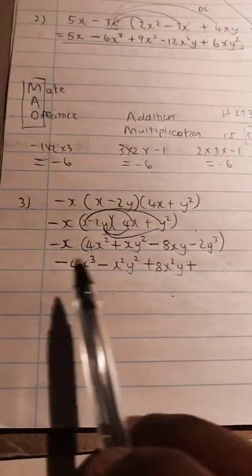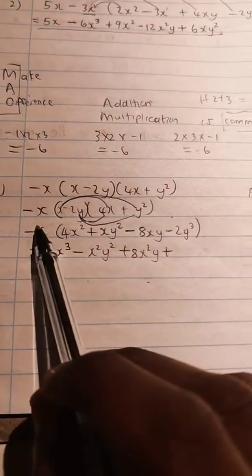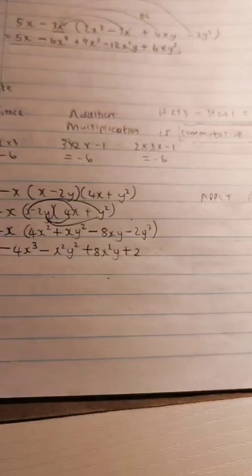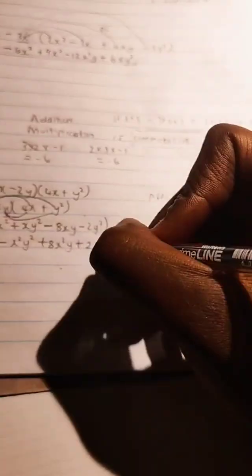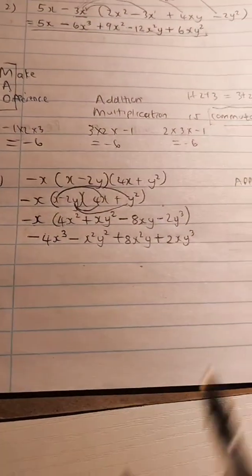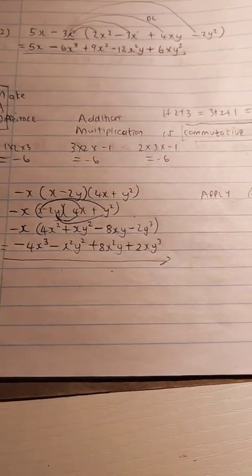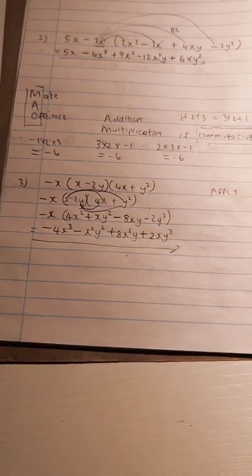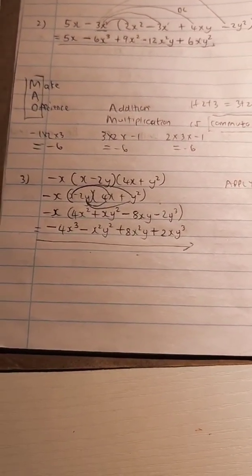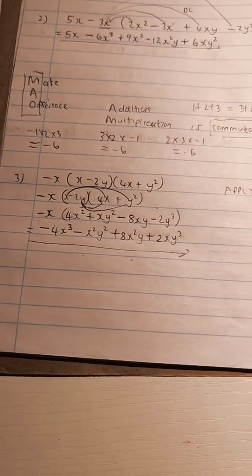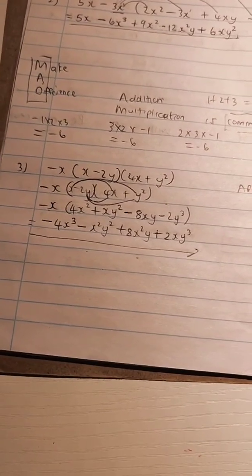Negative times a negative, sign is positive. 1 times 2, there's a 1 here that we don't see, that's 2. x times y cubed, x y cubed combined. Bracket removed. Are there any like terms? No. Leave the answer in that state. All right, guys, that's that.